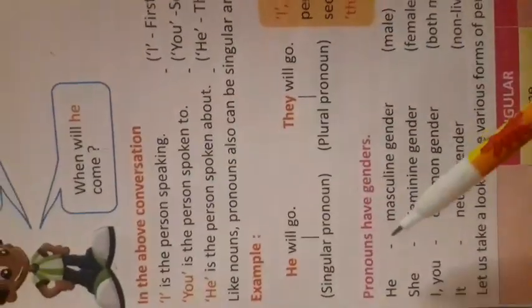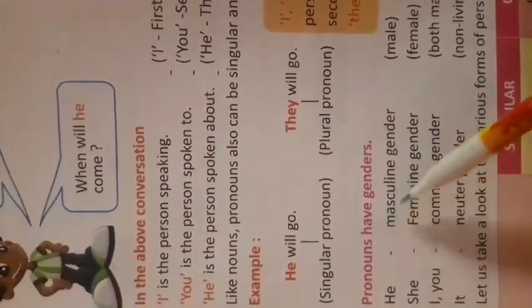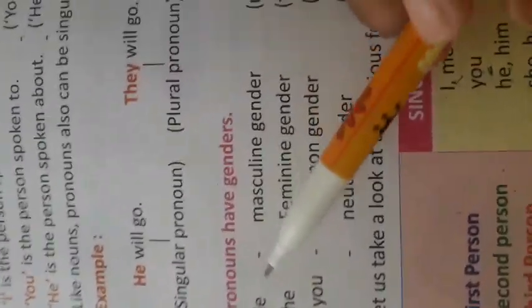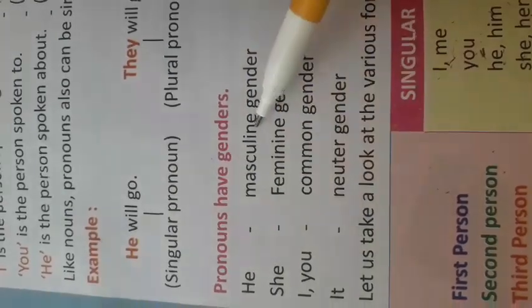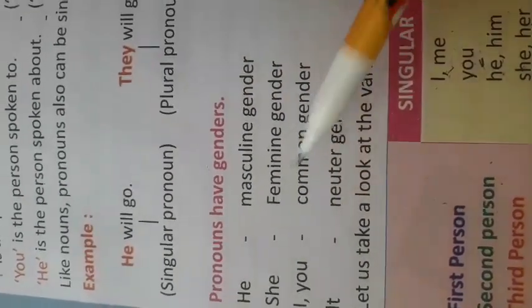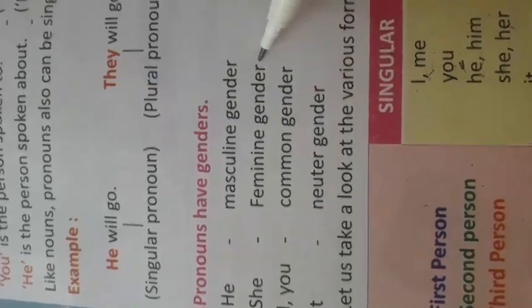One more very important thing is that these pronouns also have their genders. For example, he is a pronoun, but we use he for the male. It is used in place of the masculine gender. She is also a pronoun, but it is used in place of the feminine gender, for females.